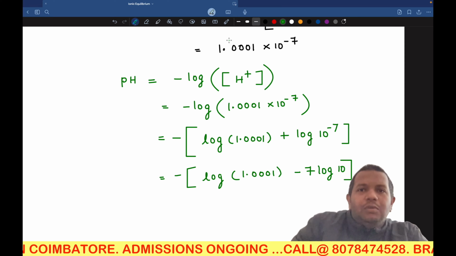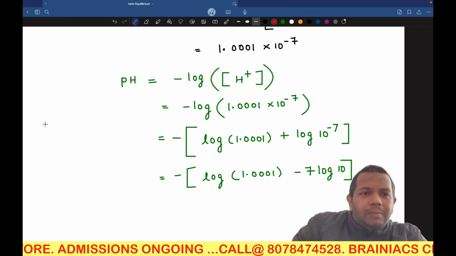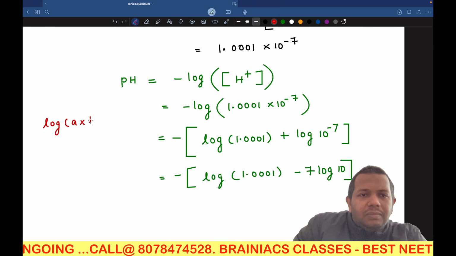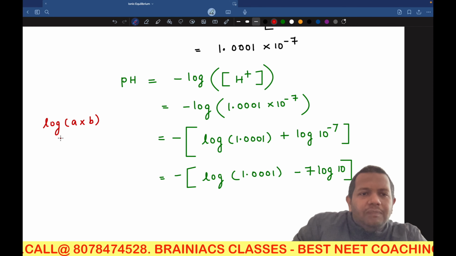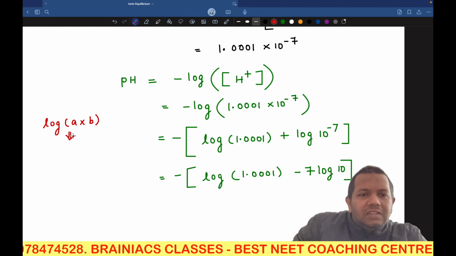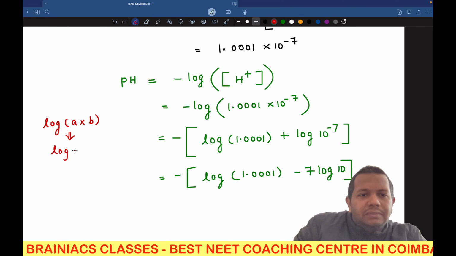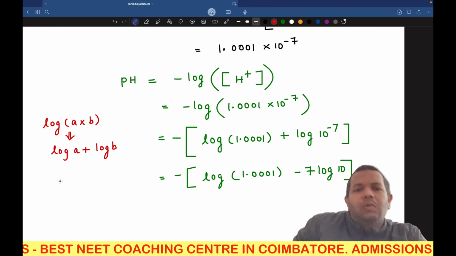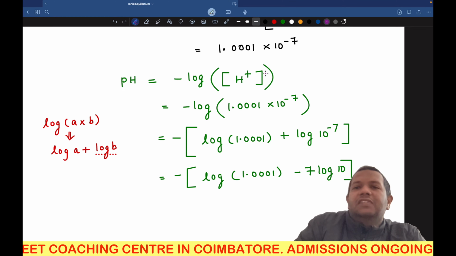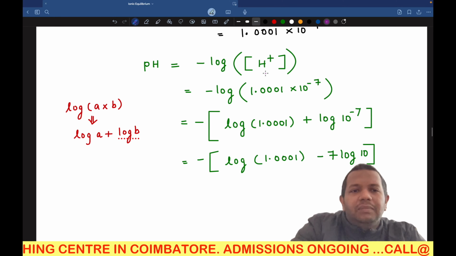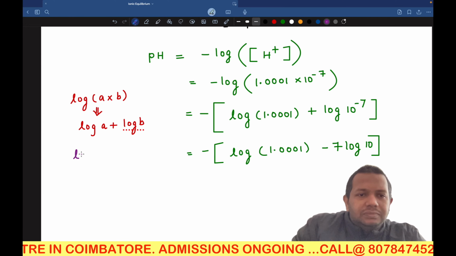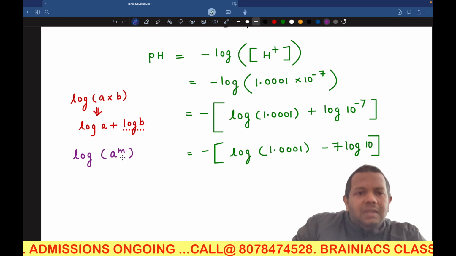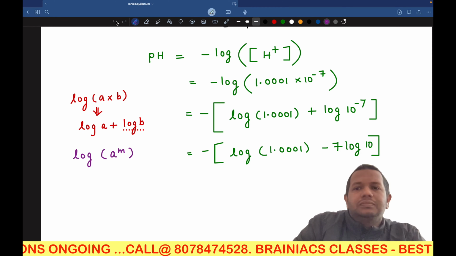Okay, so here I am using two log concepts. I am writing here one more time, log a into b. What is log a into b? I have written it down, that is nothing but log a plus log b. This is one principle I have used. What is the next one, sir? Log a power m can be written as how?